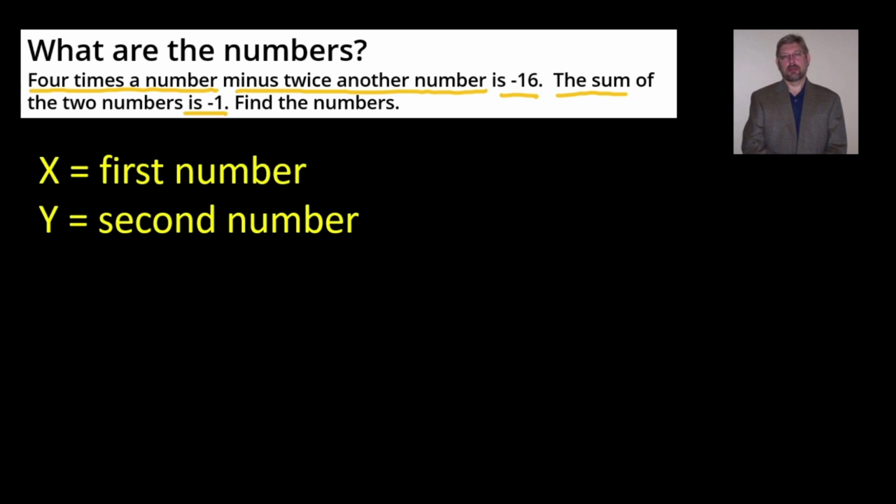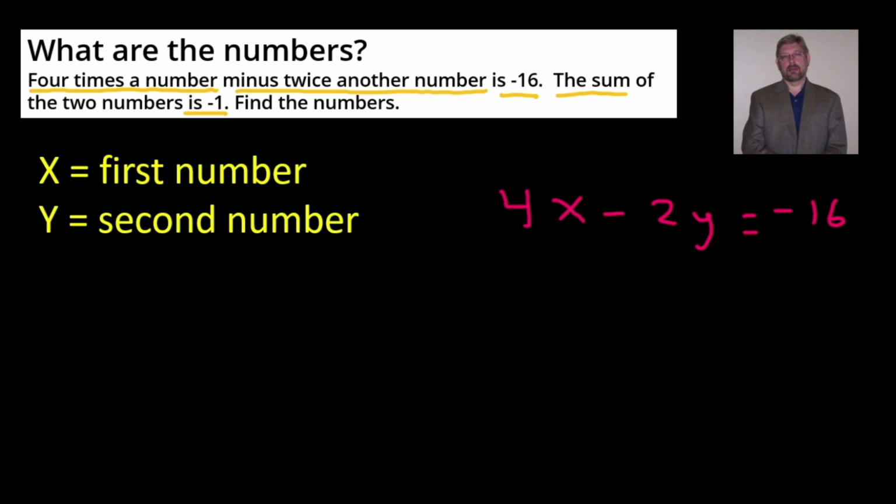So that gives us two simple equations. We have 4 times a number, 4 times x, minus 2 times y is equal to negative 16. That's the first equation.